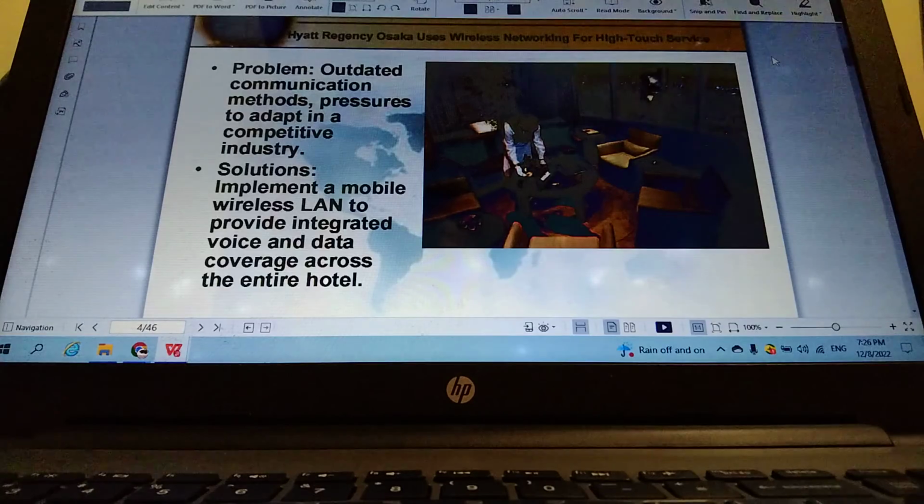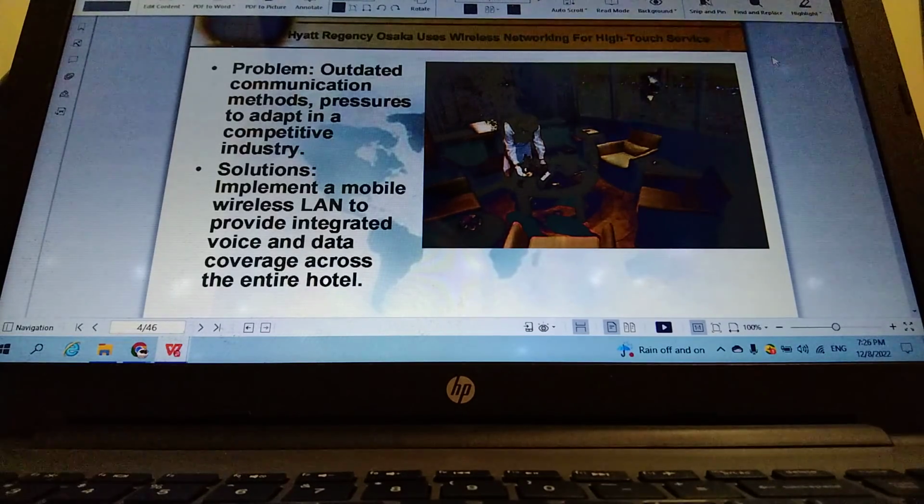So this is just one particular example, which is related to outdated communication method. But they didn't mention which communication. It could be the phone system, it could be the Wi-Fi, or it can be everything related to communication.